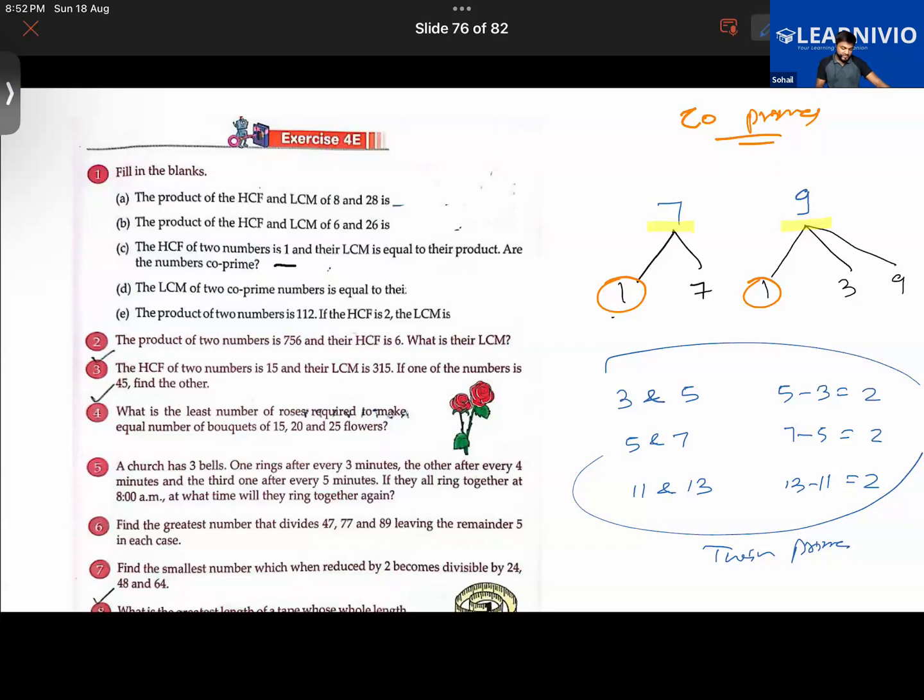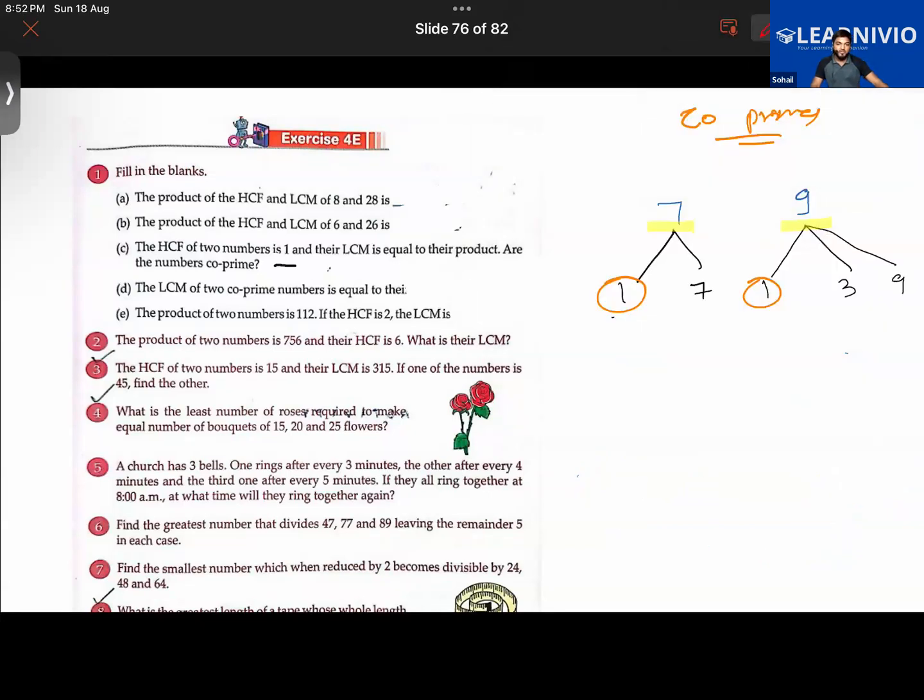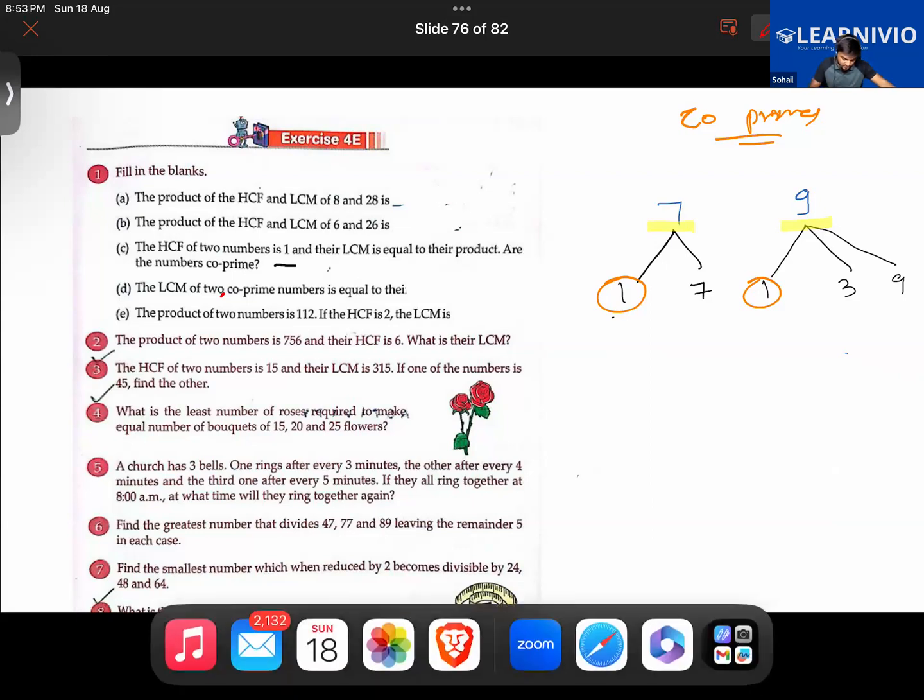Your voice was breaking. Just one minute. Give me a moment. Let me change my network connection.